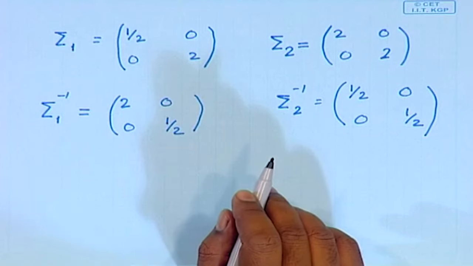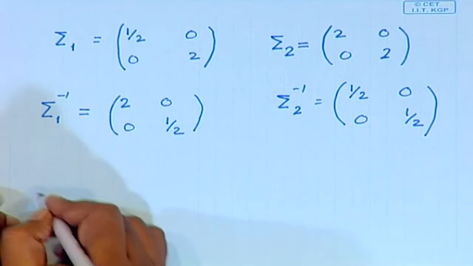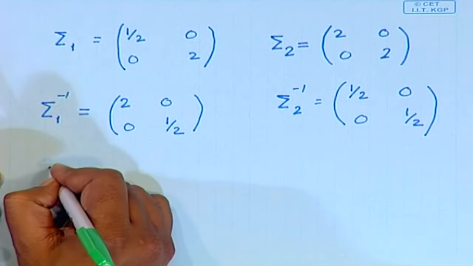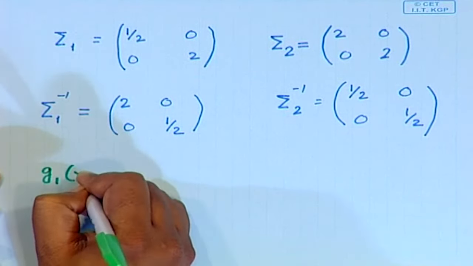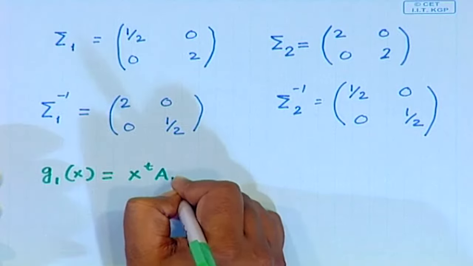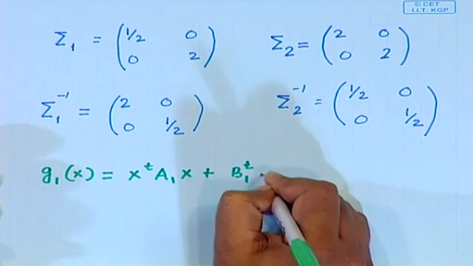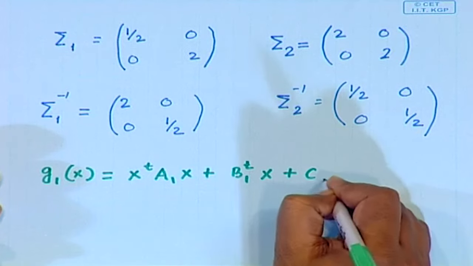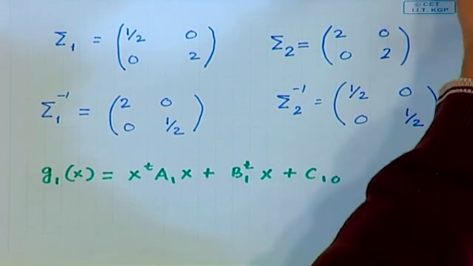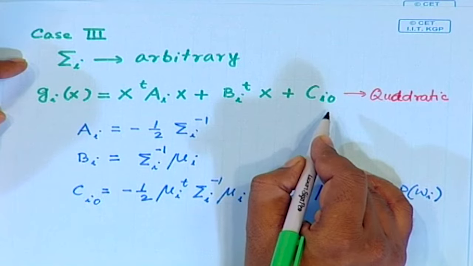So, these are the inverses of the covariance matrices. Now, once I get this, I find out G1(x), which is of the form x transpose A1 x plus B1 transpose x plus C10, the expressions that we have given in a quadratic classifier.